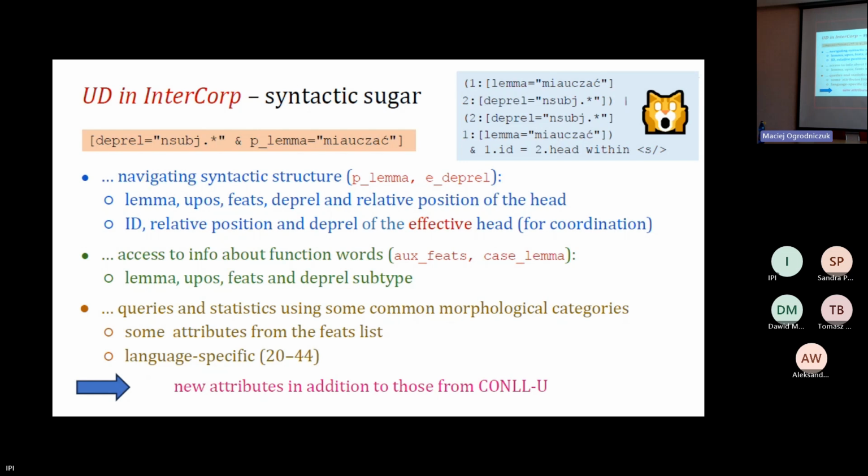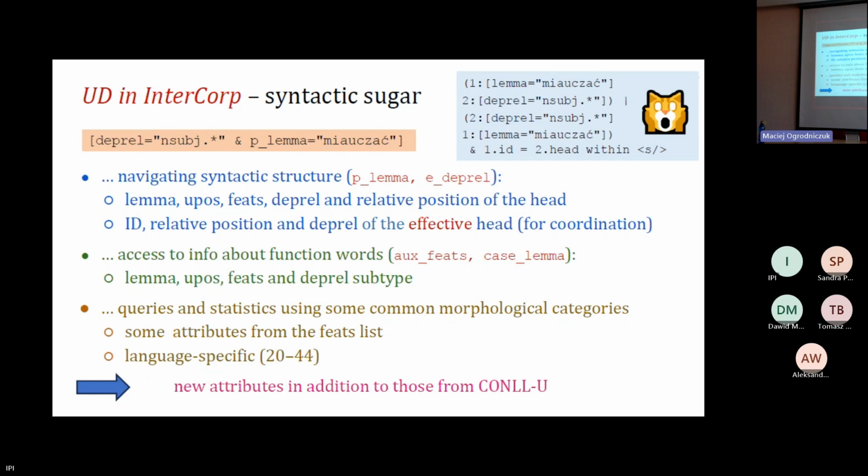So what we did is to introduce some additional attributes that would say for each token what its head is, not just the number, but also some of its properties, such as lemma. So P lemma is the parent's lemma, and we are only talking here in this query about the subject.